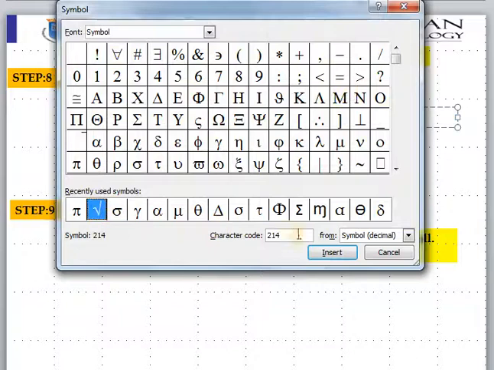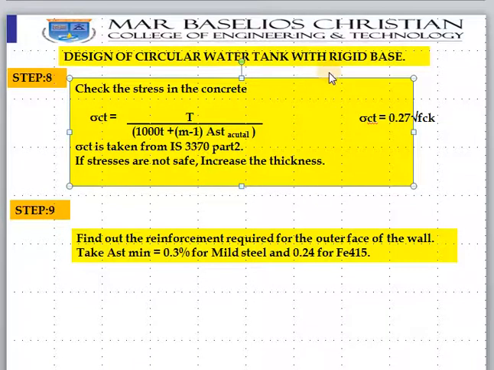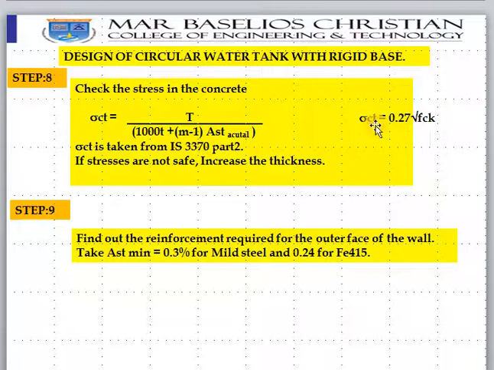This will give you the value of sigma ct. Because for M20 grade concrete, sigma ct will not be there in the code, since the minimum grade of concrete we use for a water tank is M25. So they have used it starting from M25. Since the question is given for M20, this value is going to be at least 1.2 for M20. So just to find it out, 0.27 root fck.